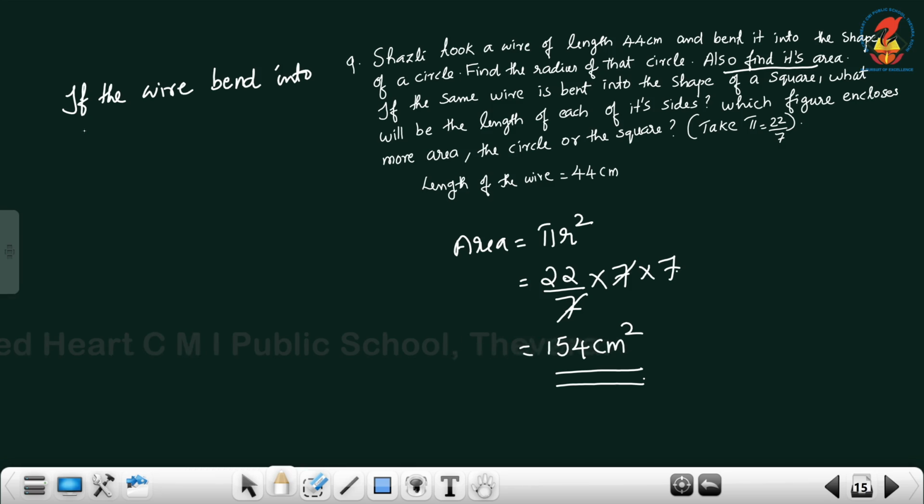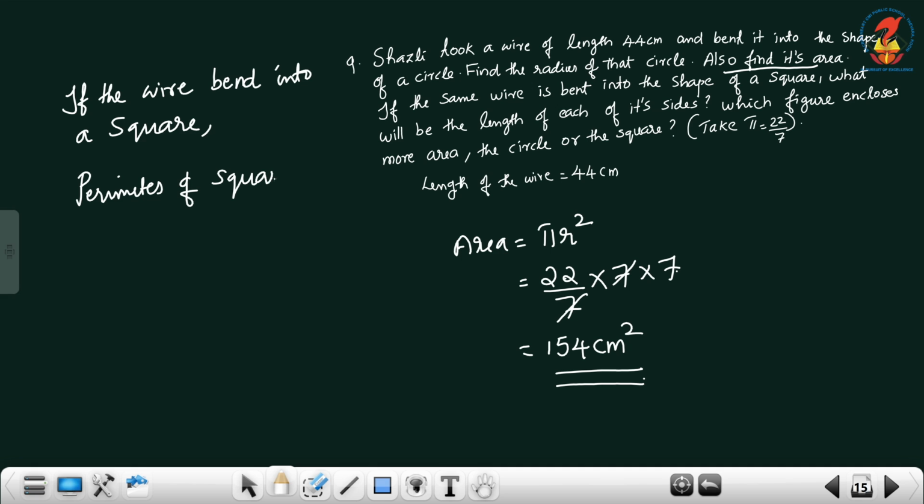If the wire is bent into a square, perimeter of square equal to 4 into 44 centimeter. 4 into one side equal to 44 centimeter.